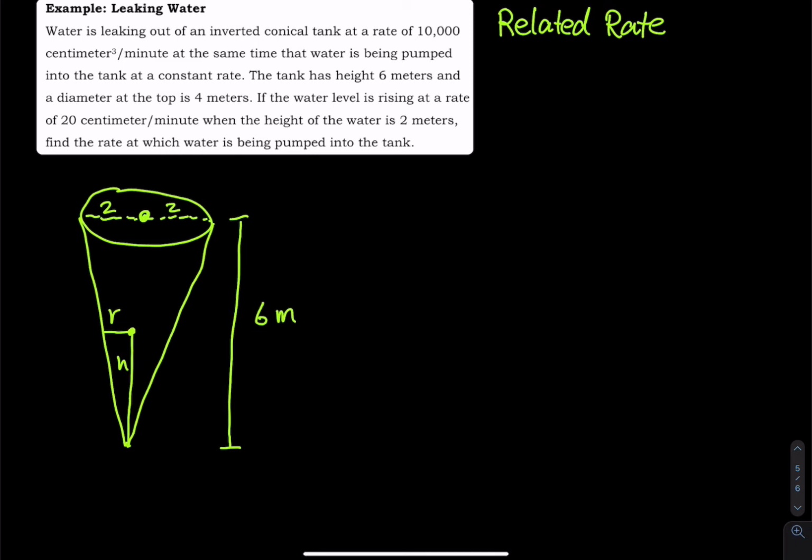If the water level is rising at a rate of 20 centimeters per minute, h is the height, and the water is rising at 20 centimeters per minute. So dh/dt with respect to time is 20 centimeters per minute.